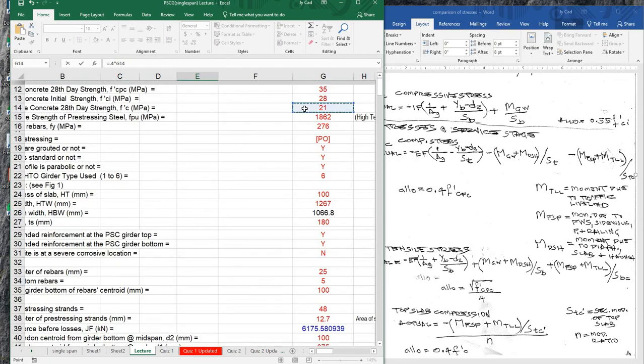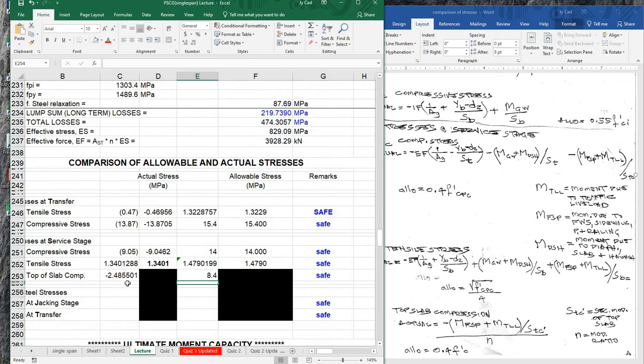Ito siya, si 21. Then, let's check again. Unhide. Yan, see? Parehas. And then, at jacking stage, what I'm doing here is, I'm just showing you na itong notes is correct.